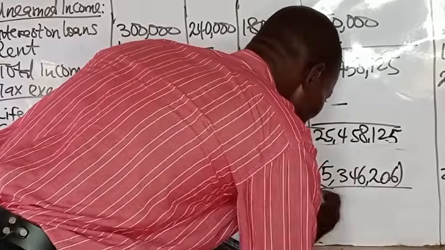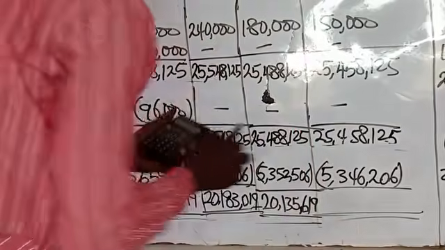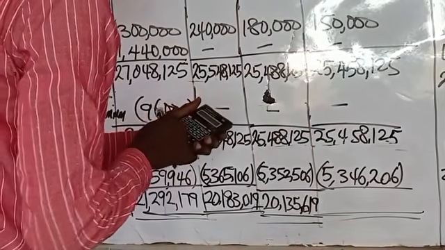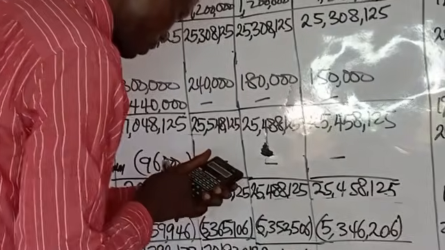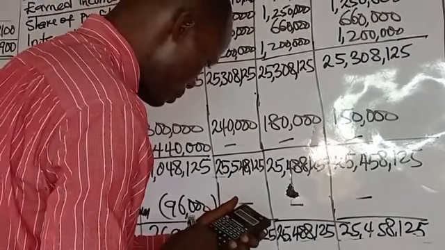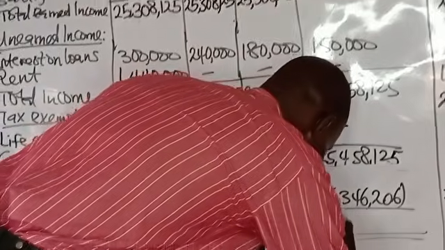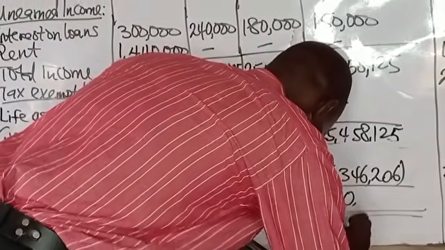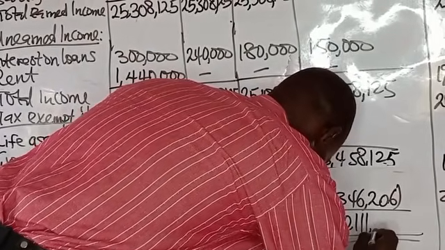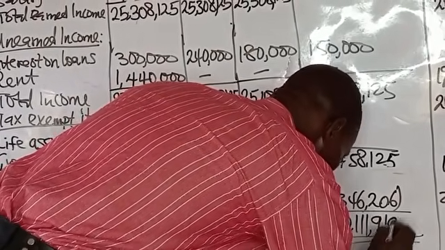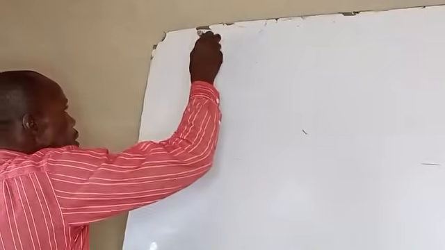If you deduct it from this 25,458,125, then you have 20,111,919. Payable.